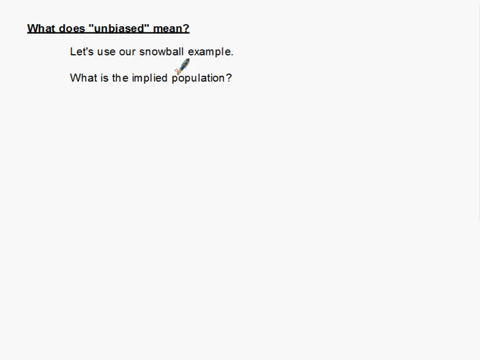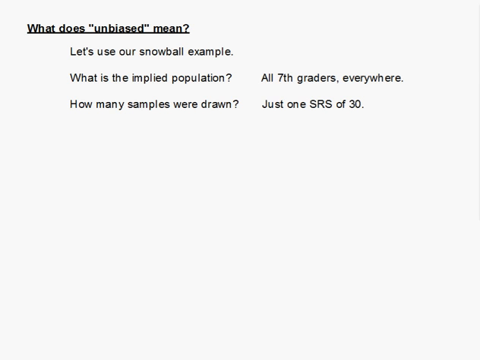We can talk about the implied population of this simple random sample of 30 snowballs. It seems to be all 7th graders everywhere, maybe one implied population. We weren't given much information really about where the sample was drawn from. So we actually have just one sample of 30.